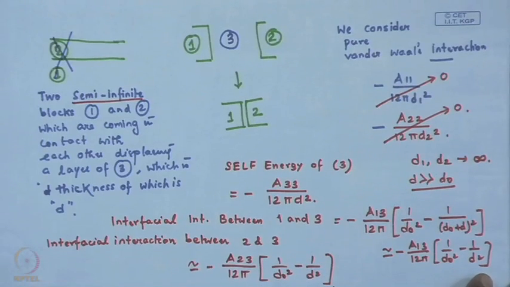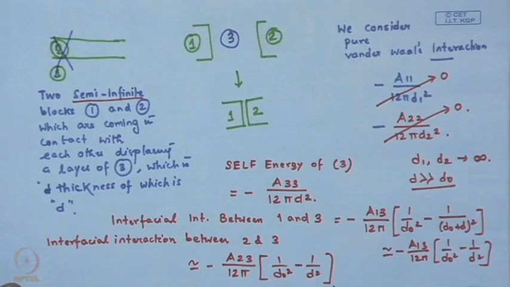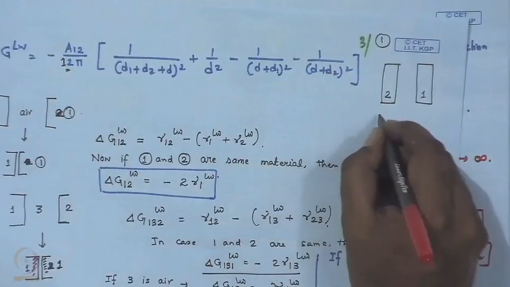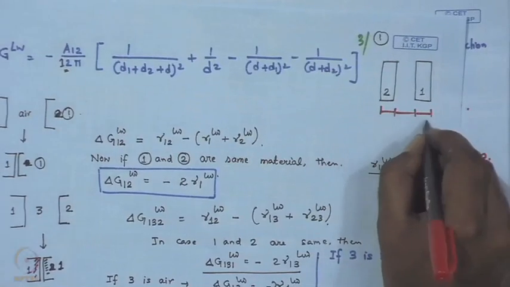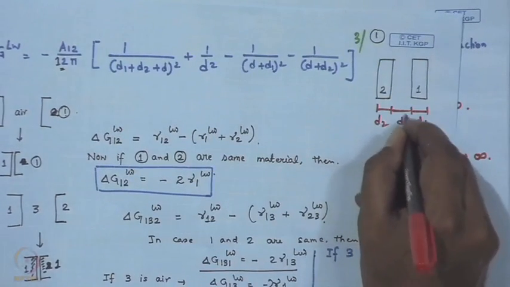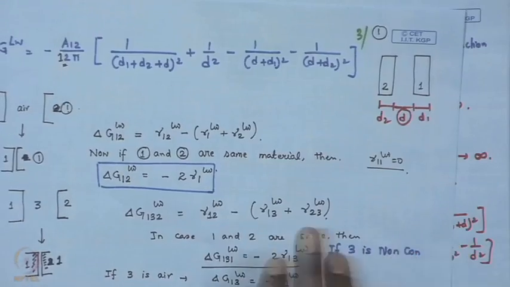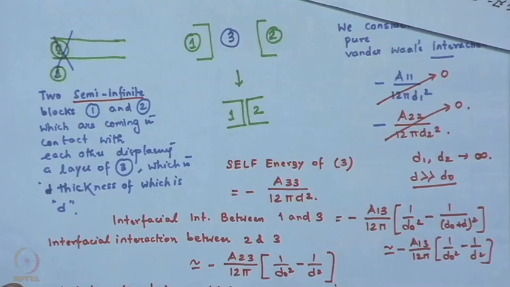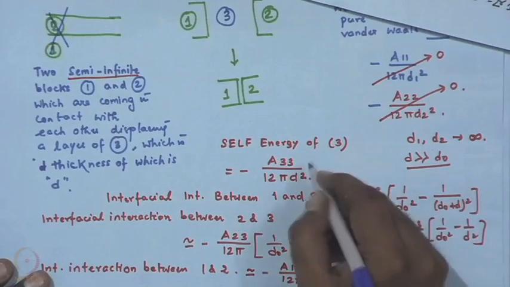And the interaction between 1 and 2, if you look at this term again, the minimum separation distance is d, with d1 tending to infinity, d2 tending to infinity. So, that is given as minus A12 divided by 12 pi d square. So, these are the 4 terms that remain active.